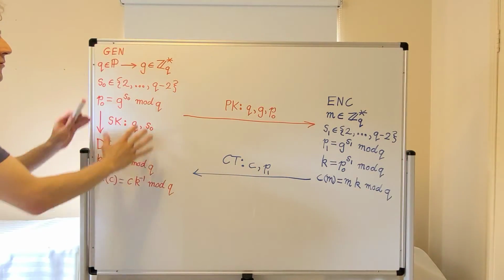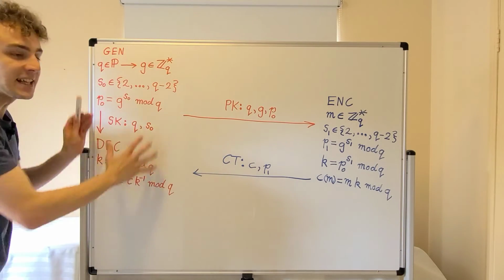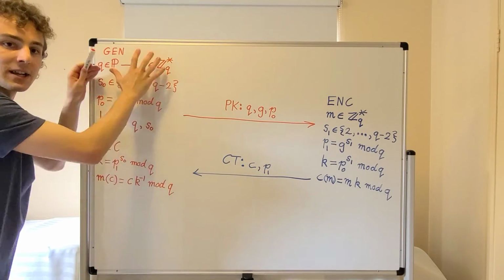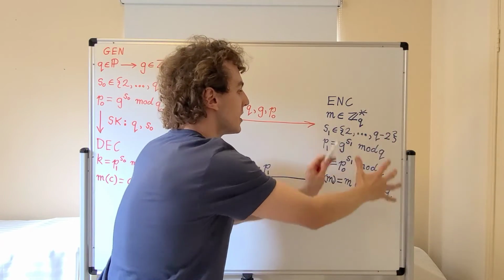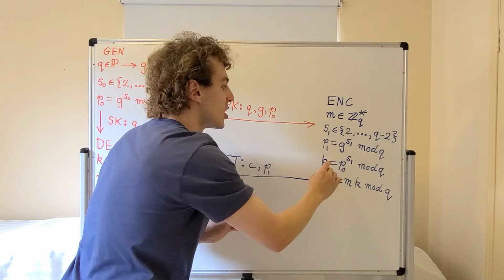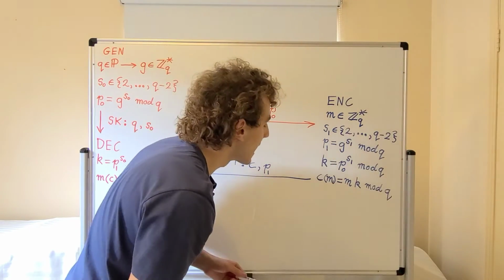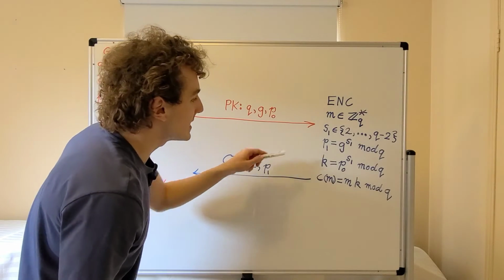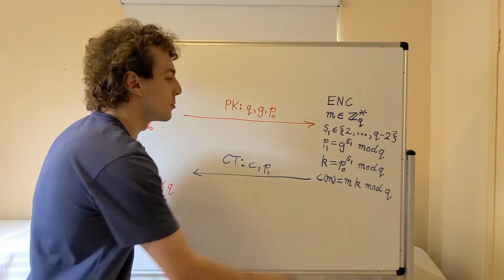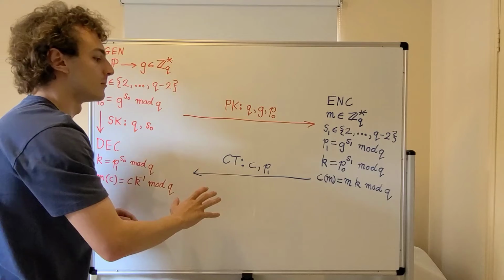This information over here involved in key generation and decryption, that's secret, so only this participant has access to that information. And the participant that is doing encryption, they have access to the message, they have access to S1, and they also have access to K. And they are broadcasting P1 and C. So P1 and C are publicly available.